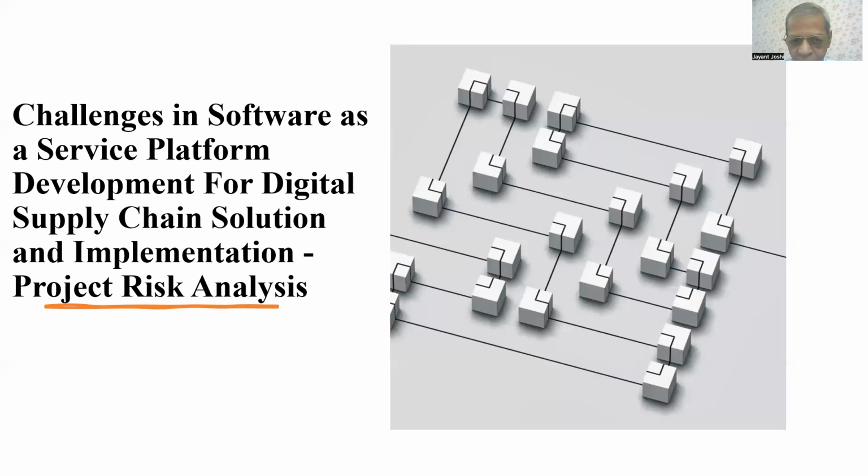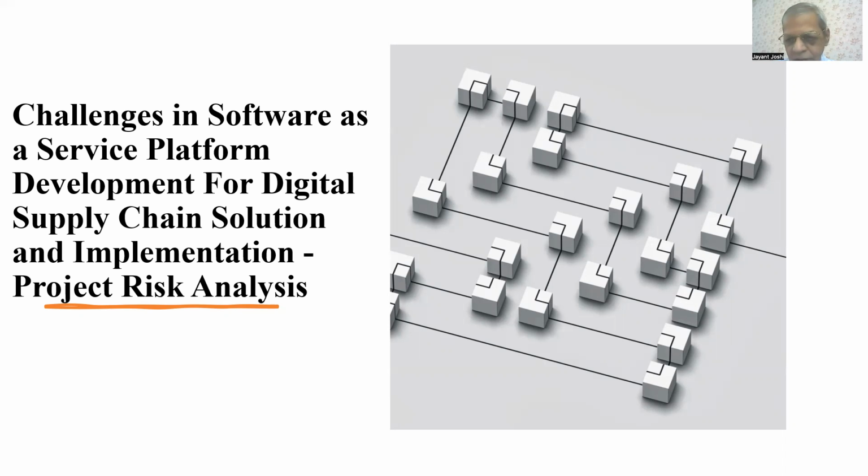So what are those project risk factors? As we are planning to move to digitization, software development and platform development is the most important challenge.